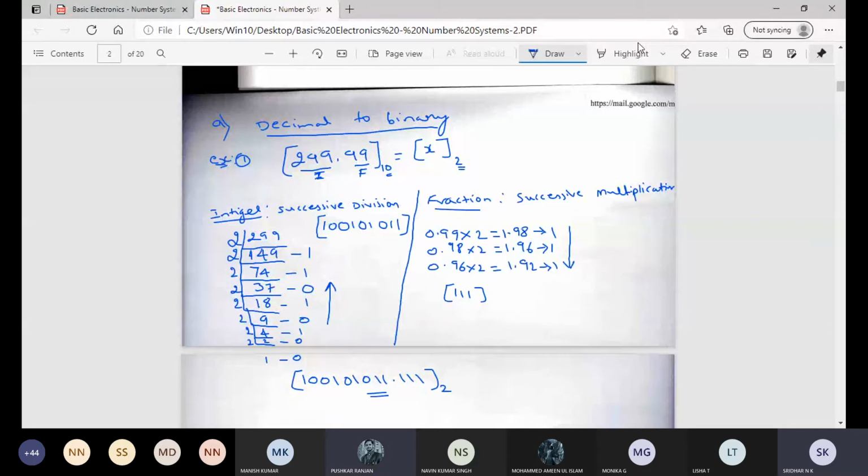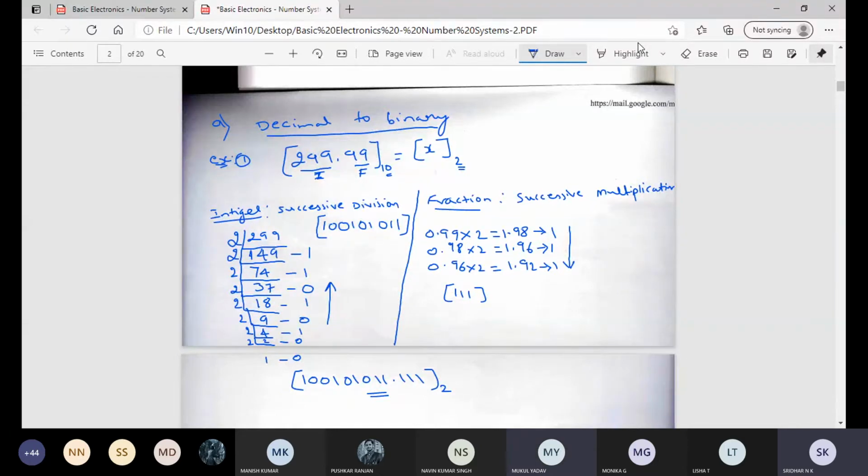Sir, why have we stopped at 1.92 only? We have stopped after 1.92. See, we can move on. You can do up to 4, 5, 10, even 100, but it is for our convenience that we have done only 3 times.